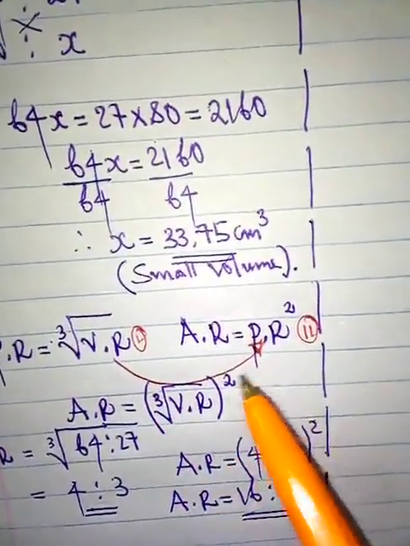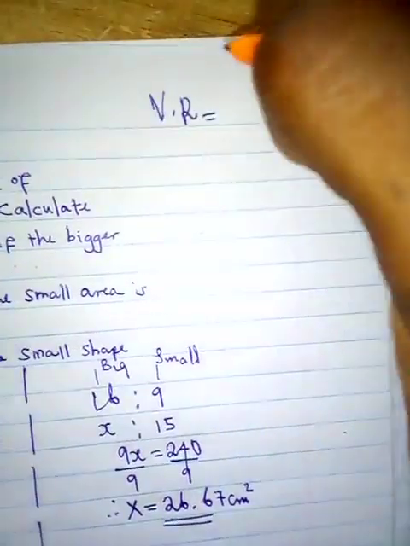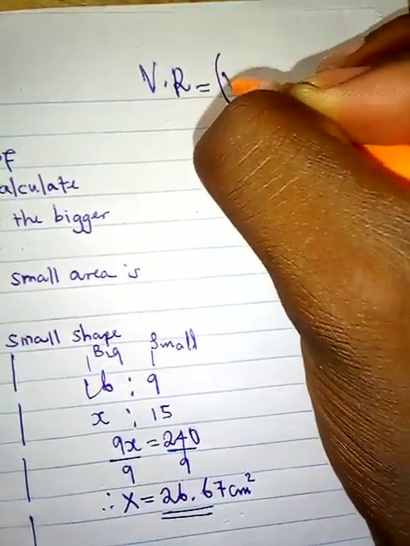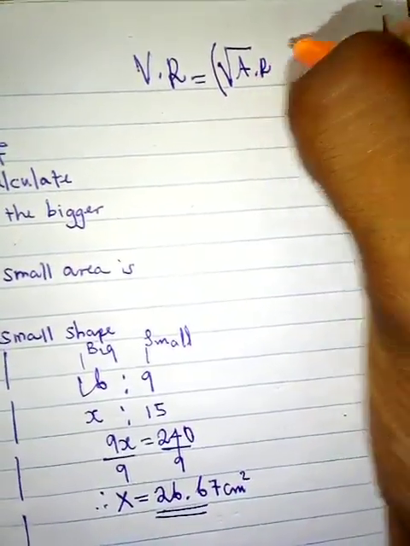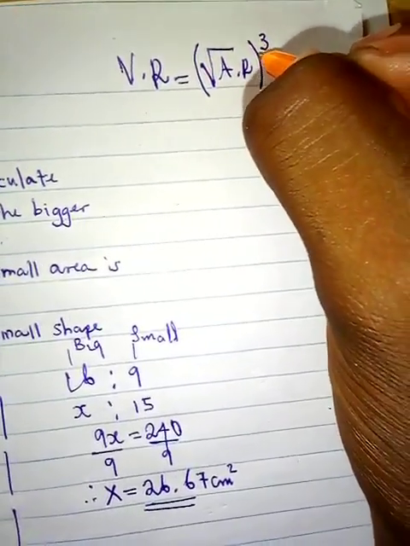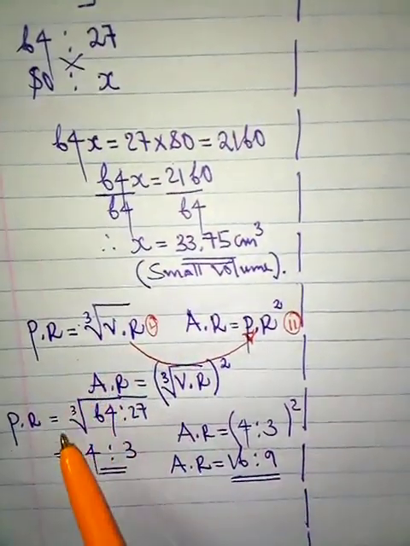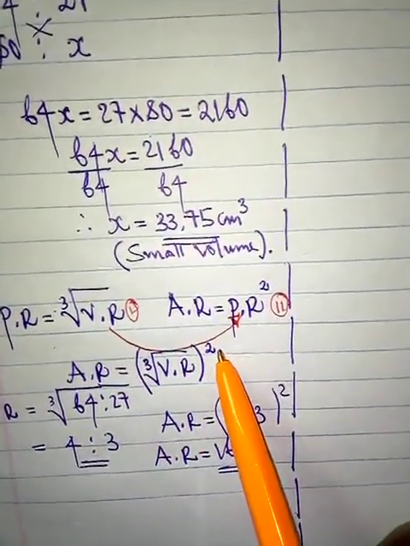You just interchange these values. So if it was for the volume ratio, you would have just said this would have been the square root of the area ratio, and this is going to be the power 3. So this is how they go. So area ratio, it's cube root of volume ratio squared.